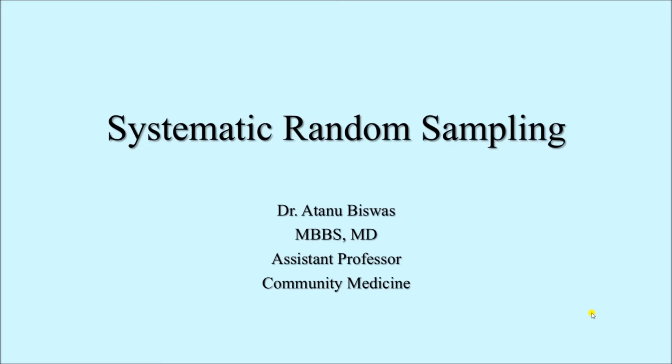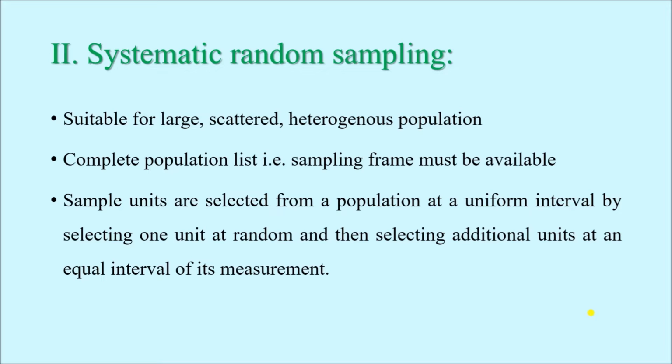Let us continue our discussion on probability sampling with the next sampling technique, that is systematic random sampling. Systematic random sampling is most suitable for a population that is large, scattered, and heterogeneous. We know when the people in the given population share very similar characteristics, we can consider it a homogeneous population.